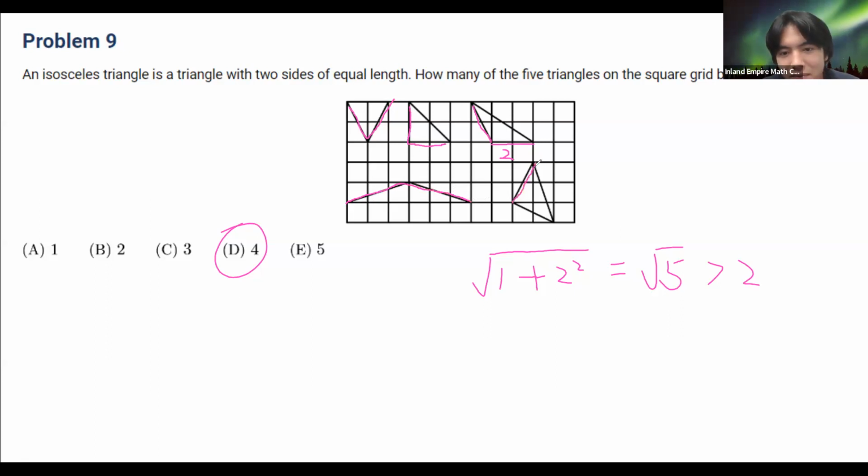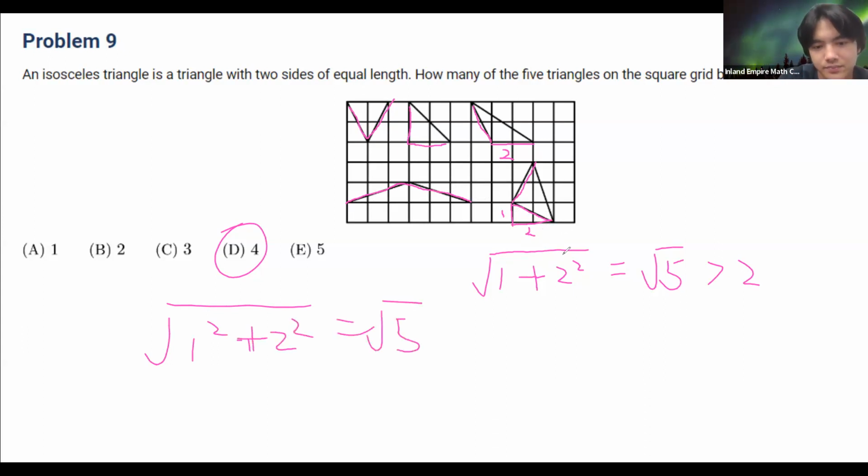These two are also the same. And the way you would notice that is to evaluate the size here, because this is a right triangle, and it has the lengths 1 and 2. So if you use the Pythagorean theorem, you get 1 squared plus 2 squared, which is the square root of 5. And both of them are equal to the square root of 5.